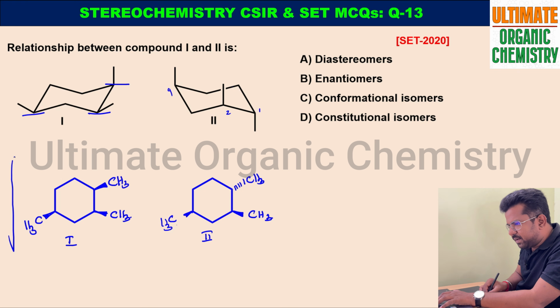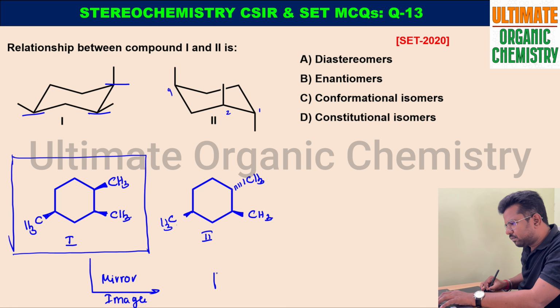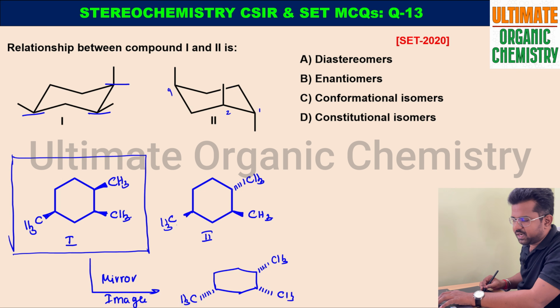If you keep a mirror backside to the molecule, the mirror image will be: the front side methyl group will go to back side, and front side methyl group will go to back side, and here front side methyl group will go to back side. So this is the actual mirror image.